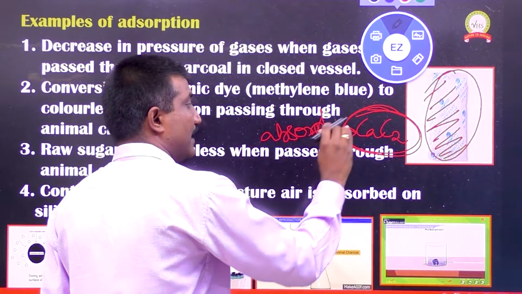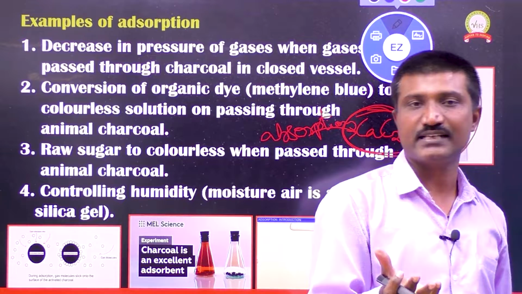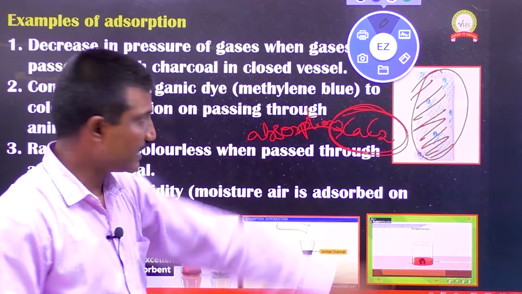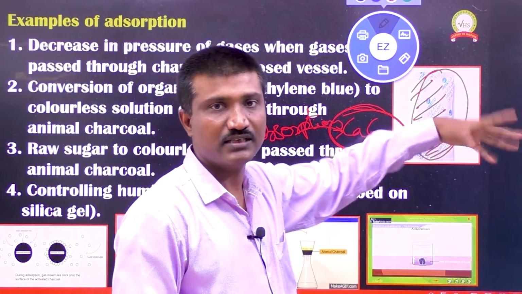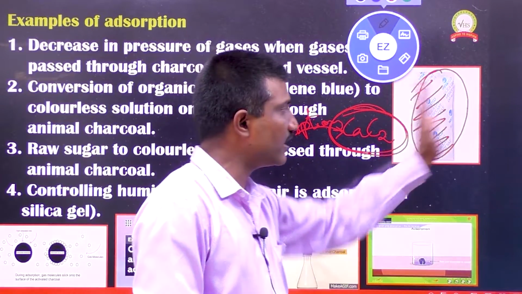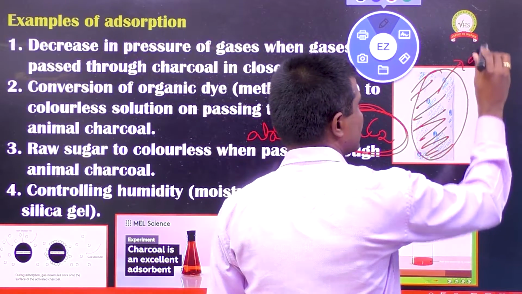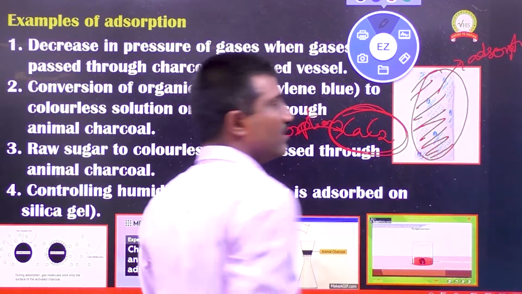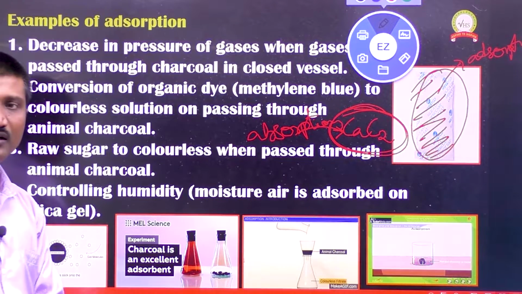The calcium carbide swells in size, because water molecules enter inside it. But the silica gel does not swell, because the molecules just come and occupy the surface only. So, this is an example for adsorption, and this is an example for absorption, which we see in our daily life.